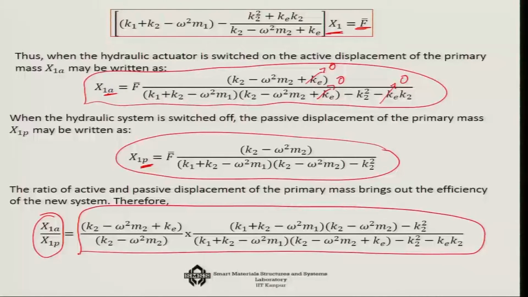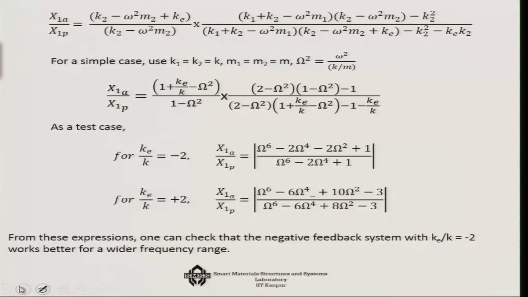So, we can have x1a over x1p with us, and we can take a simple case. Let us say primary and secondary stiffness are both the same, primary and secondary mass are both the same. It will not happen, but it is just a simple comparison, and we put omega square as omega square over k by m.